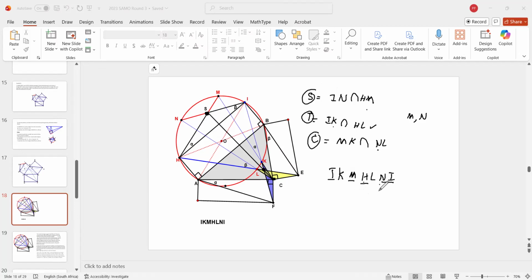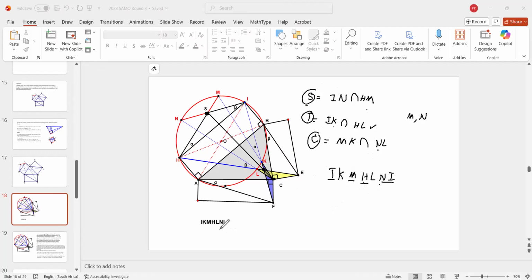So there it is. You've got that this is a cyclic hexagon. And according to the theorem in projective geometry, these 3 points are collinear. Right? And that just becomes a sudden and abrupt end to this problem, because that was what we want to prove, that S, that, and that are collinear.